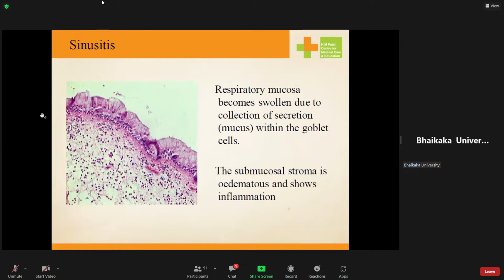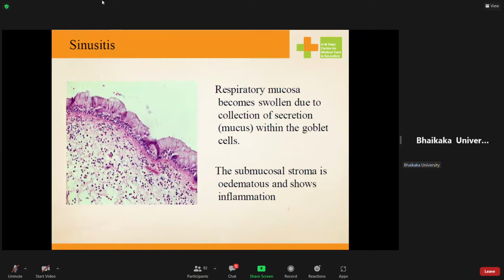And the subepithelial or submucosal stroma shows edematous changes with small blue and red dots that are the inflammatory infiltrates. So these are the mucoid changes seen in the respiratory mucosa in case of sinusitis.